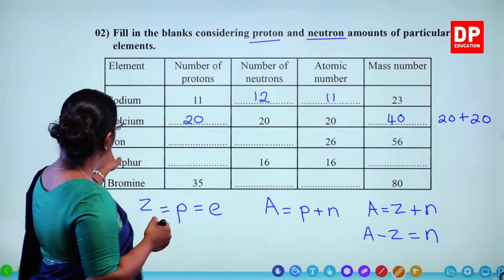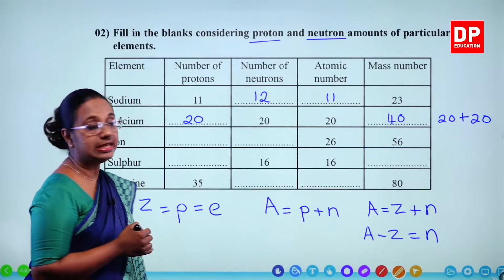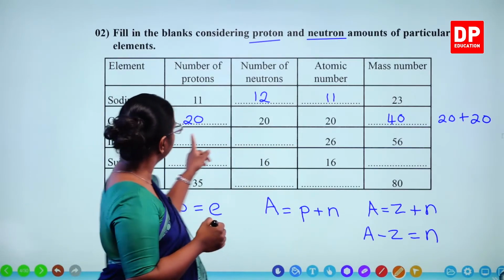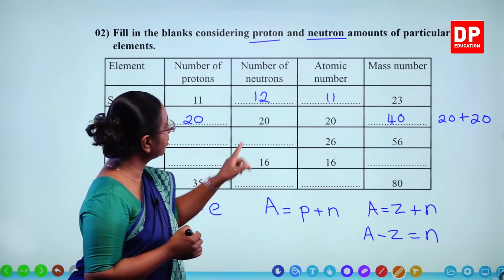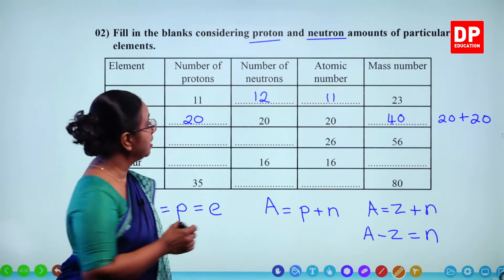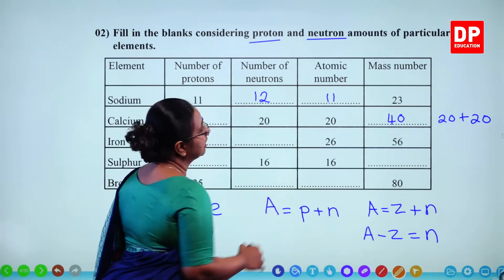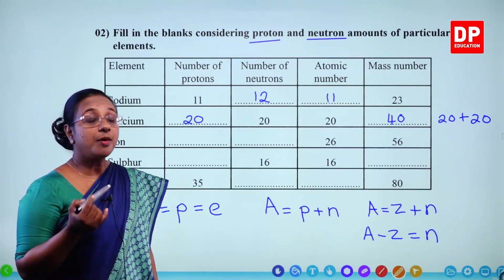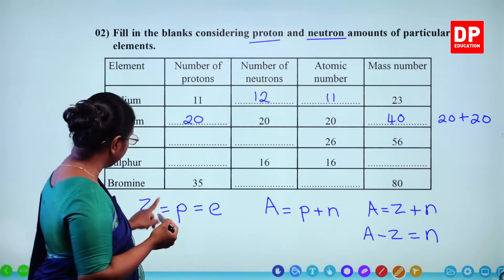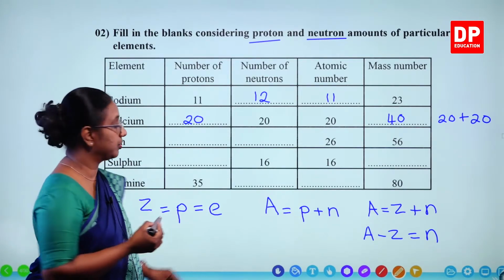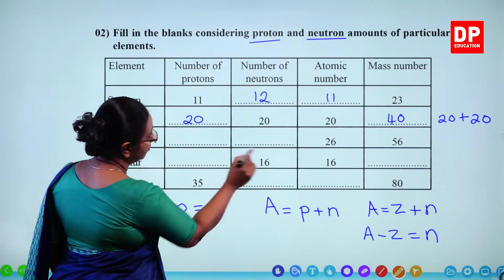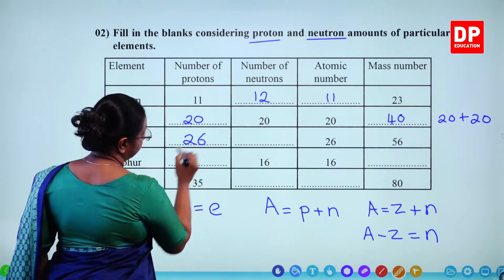So then, iron, we have iron here. We don't have the number of protons or number of neutrons, but we have the atomic number there. So from atomic number, what can you find? Atomic number equals number of protons. So we can write the protons as 26.